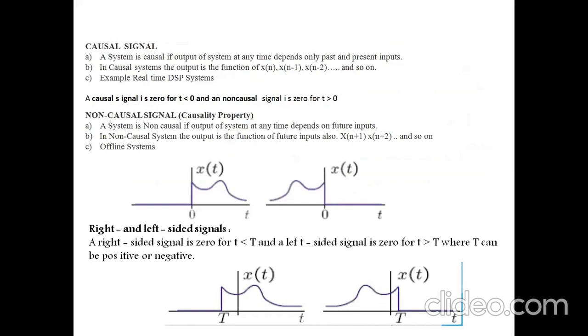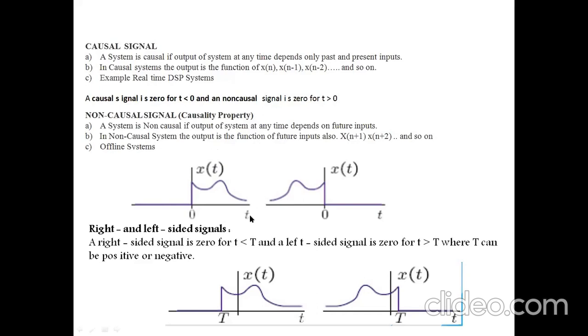Next, the last point is causal, non-causal and anti-causal signals. In this slide, you can see the waves shown like this, x of t. The causal signal is represented in the first wave, where I am pointing the mouse cursor.